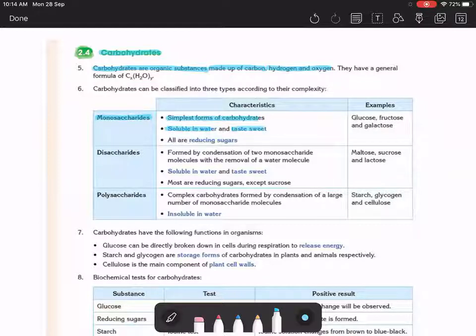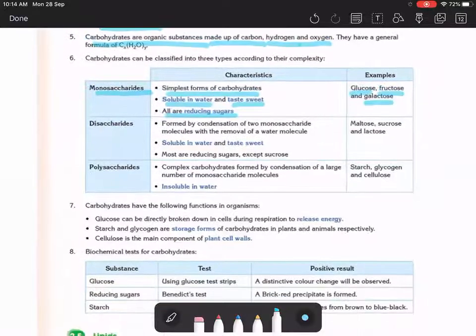That's why we call them sugar. All are reducing sugars. And you have to remember the examples: glucose, fructose, galactose. And then we know the function of glucose on point number 7. For the glucose, it's broken down in the cell during respiration to release energy.